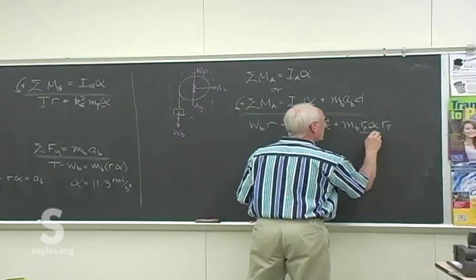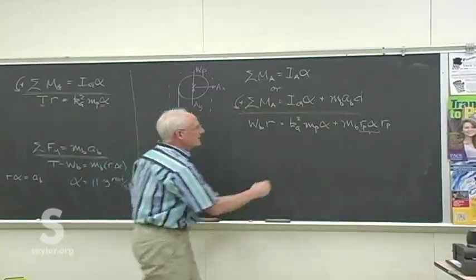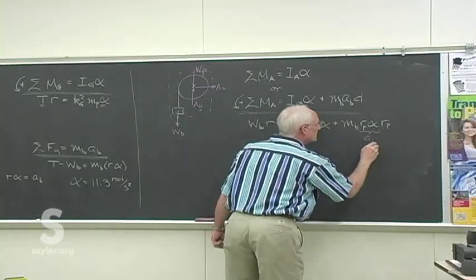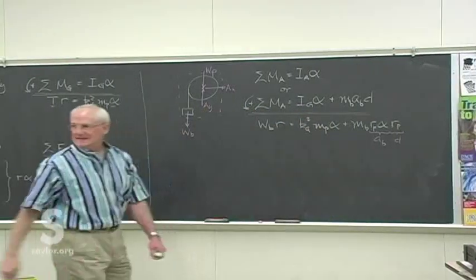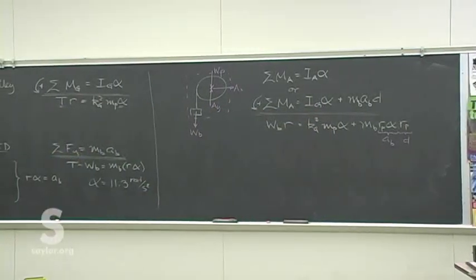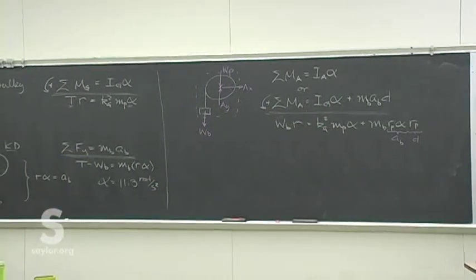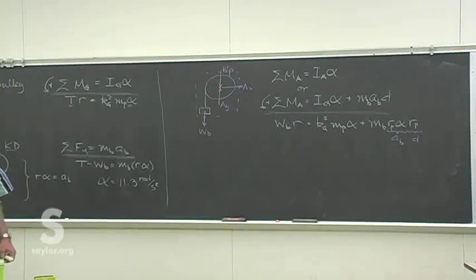So that little piece is the acceleration of the block. And this little piece is d, the distance of the line of action of that acceleration with respect to the point picked, which was point A.